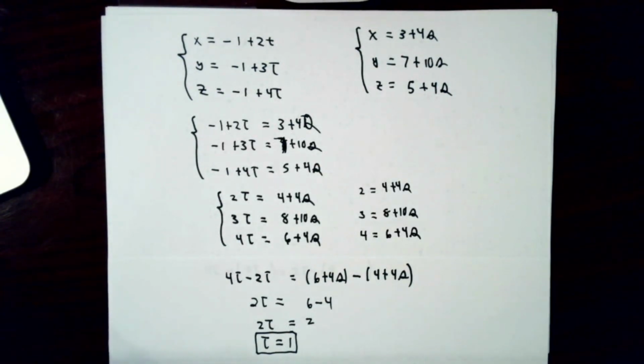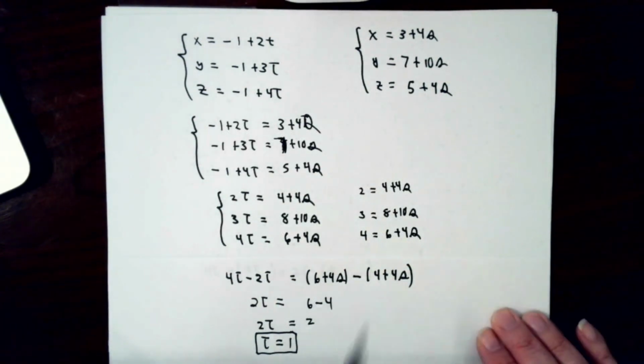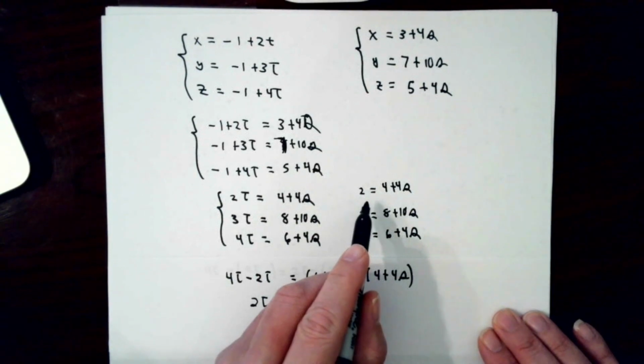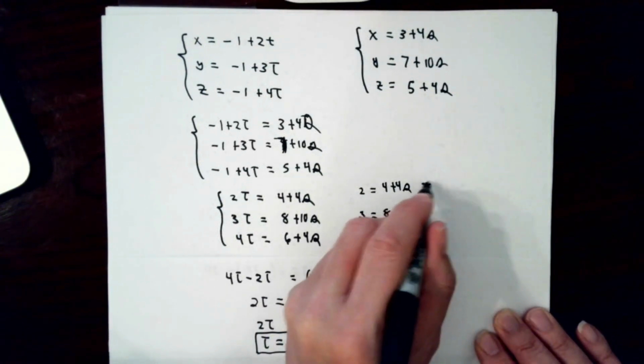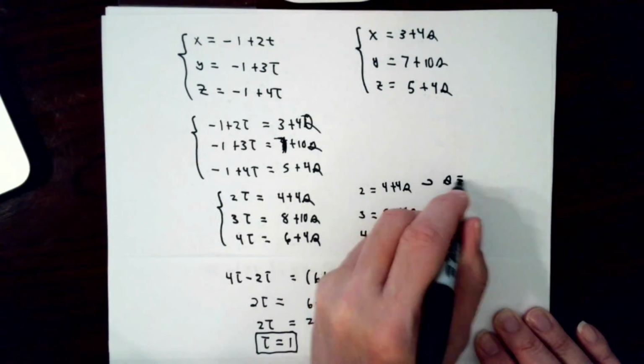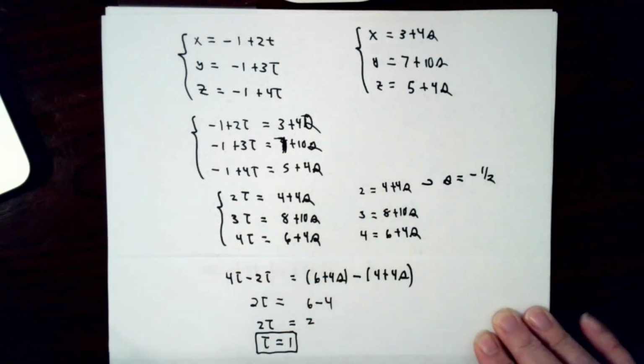Seeing what happens in these equations when t is 1, I find out that 2 needs to equal 4 plus 4s. That means that negative 2 should equal 4 times s. s should be negative 2 divided by 4. This says that s needs to be negative 1/2, if this is going to work out correctly.